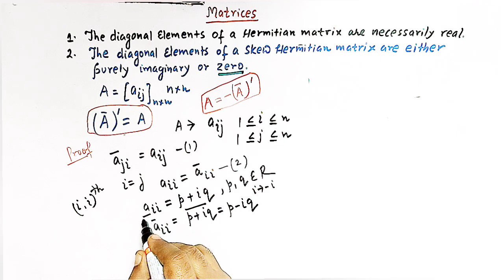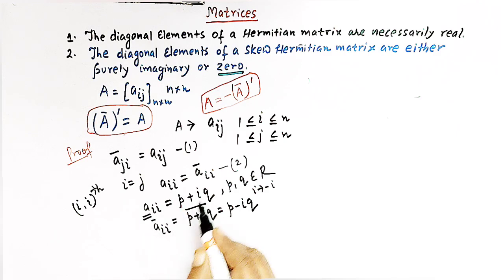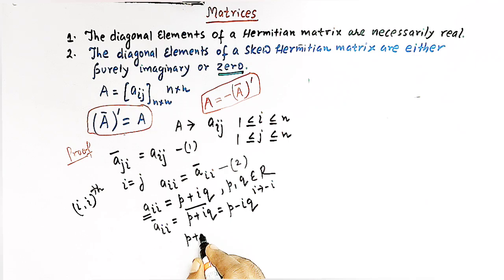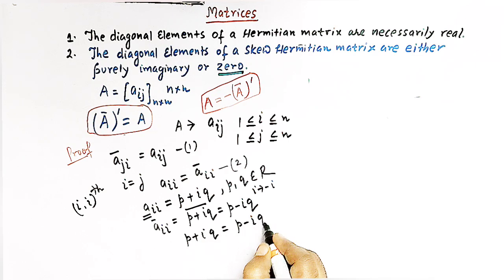So let us substitute the value of a_ii as p plus iq in this equation, and a_ii bar as p minus iq in this equation. So we have p plus iq is equal to p minus iq.